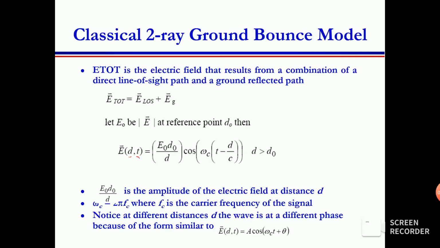It is given as E0 D0 by d cos omega c into t minus d by c, for a transmitting distance d greater than D0. The envelope of the electric field at d meters from the transmitter at any time t is E0 D0 by d. That is the envelope.